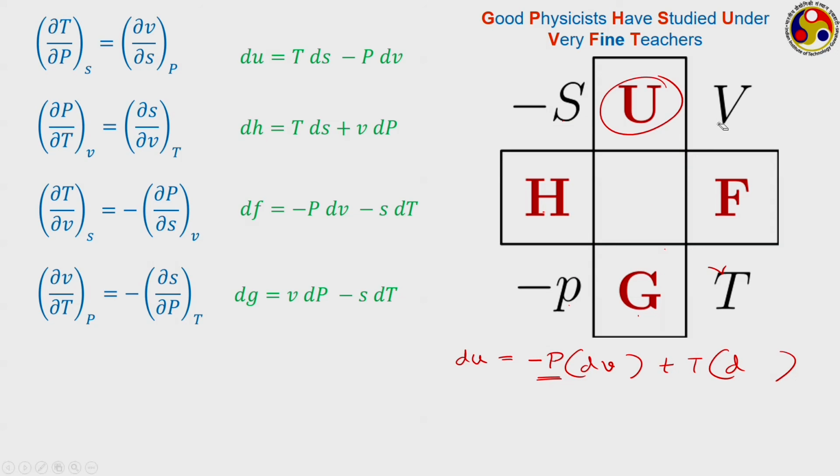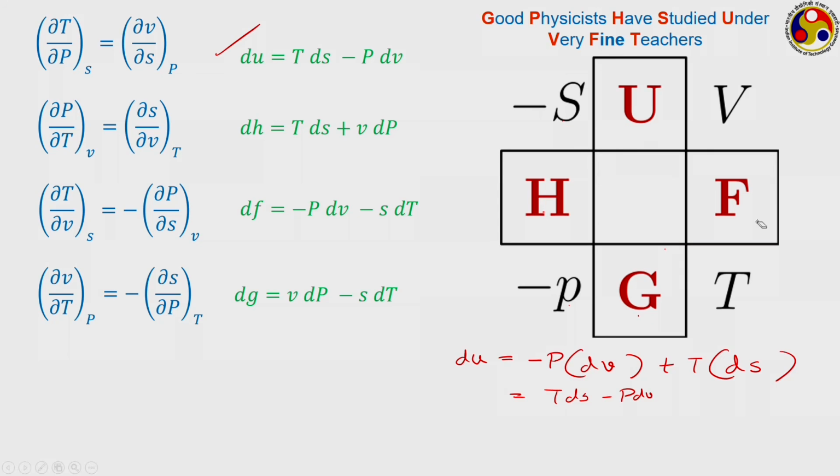Similarly, for getting T, we have to go to the opposite of this, which is S. We generally do not consider the negative sign while writing the differentials. So, it is T dS minus P dV, if I write in proper sense, which is this equation.